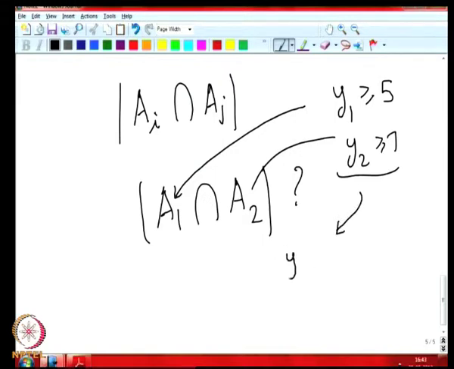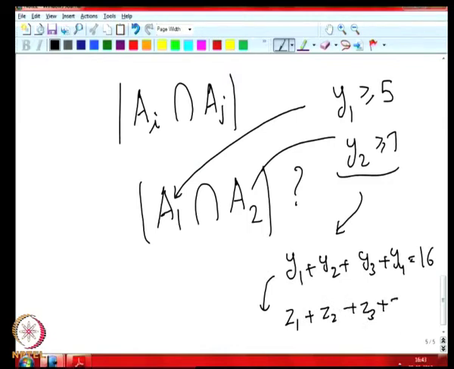When we convert this equation, Y1 plus Y2 plus Y3 plus Y4 equal to 16, as before to Z1 plus Z2 plus Z3 plus Z4 equal to something, what is this something?